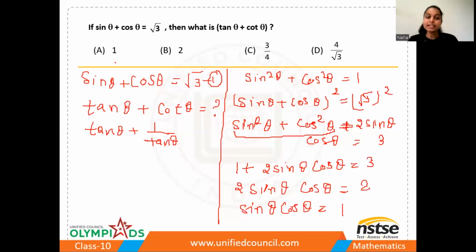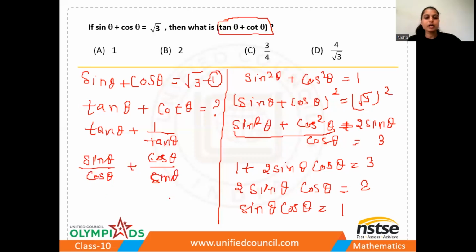Okay. Alright. Let me show you this also, students, because we have to find out the value of tan theta plus cot theta, right? So tan theta I can write sin theta upon cos theta. And cot theta I can write cos theta over sin theta. Very well. Okay, now I can take the LCM, which is sin theta cos theta.